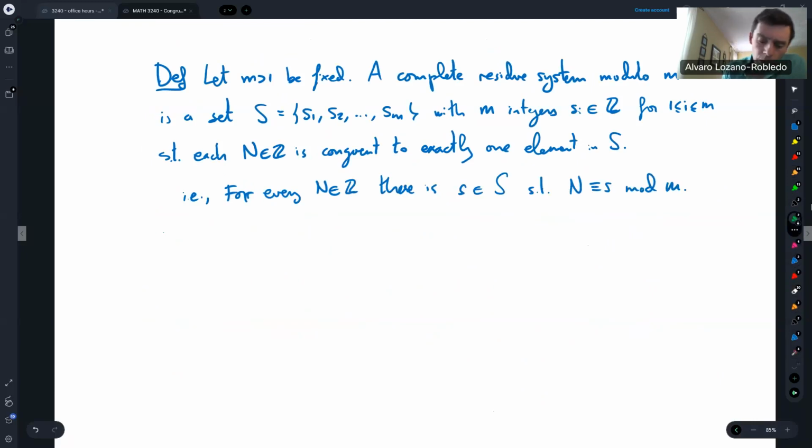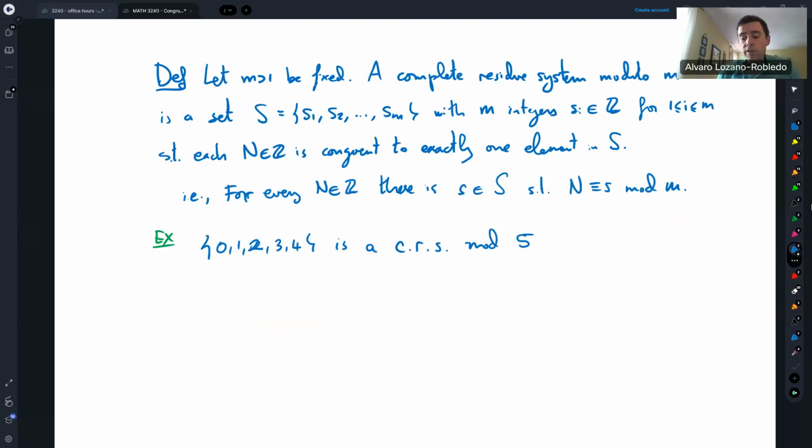So for example, what I just did is that 0, 1, 2, 3, and 4 is a complete residue system modulo 5, that we know because those are the least non-negative residues.